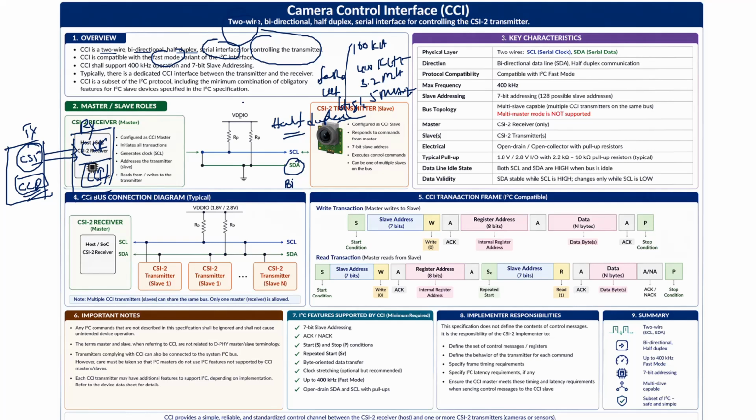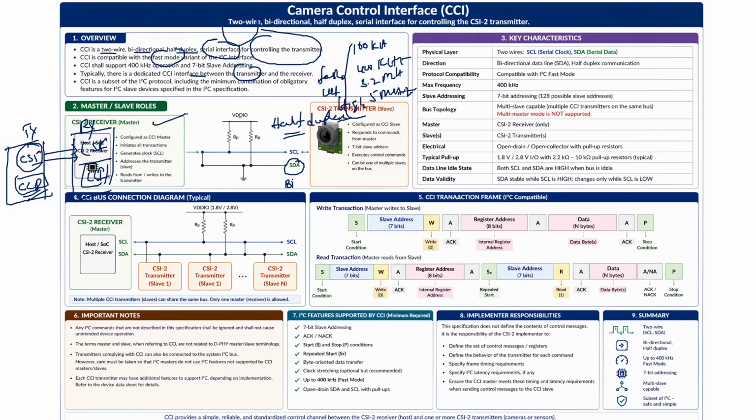Okay, so CCI is dedicated to the interface between the transmitter and receiver. So fully it will monitor as well as control the data. That is the main feature of CCI. See how we are transferring the data from the transmitting side to the receiver side.